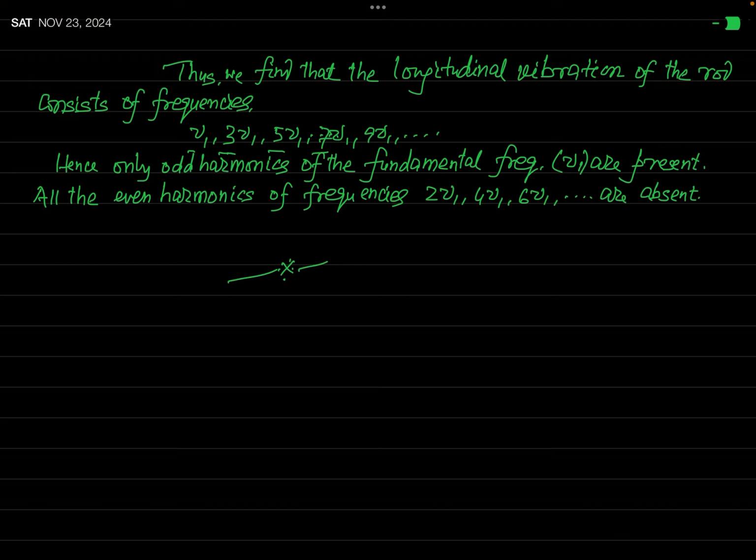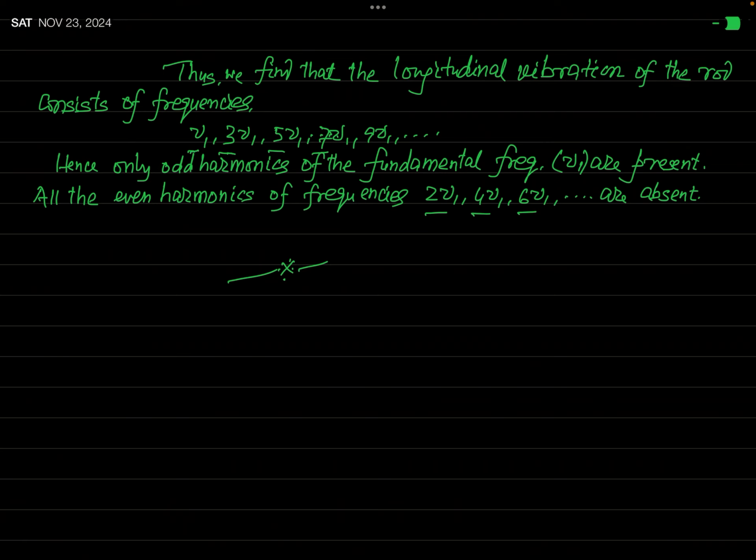It means in this longitudinal vibration of a rod, the even multiples of the fundamental frequency are not present, they are absent. That's why we simply say that all the overtones are not the harmonics of the fundamental frequency.